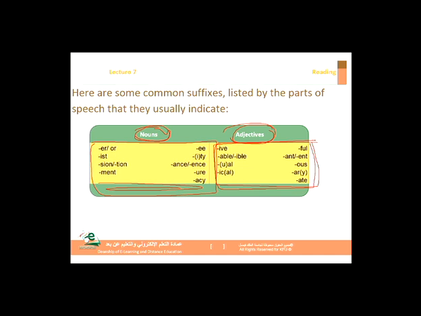examples. So -er, right? So think of the word play. Play, if you add -er, it becomes player. So play is a verb. If you add -er, it becomes what? A noun. It becomes a noun. -ist, okay?